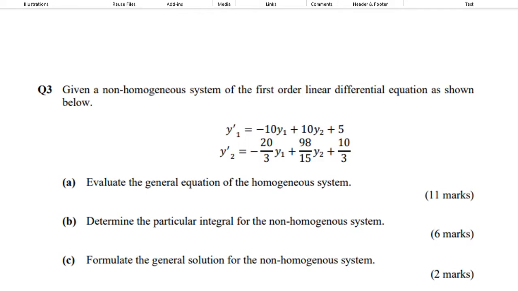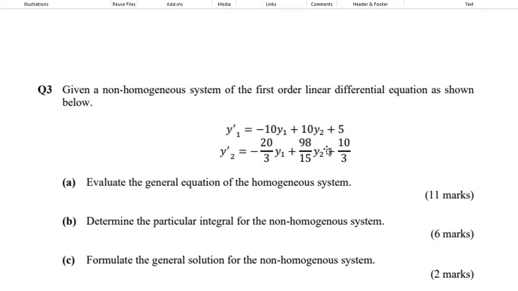Given a non-homogeneous system of the first order linear differential equation as shown below, y1' equals negative 10y1 plus y2 plus 5, y2' equals negative 20 over 3 y1 plus 98y2 over 15 plus 10 over 3.